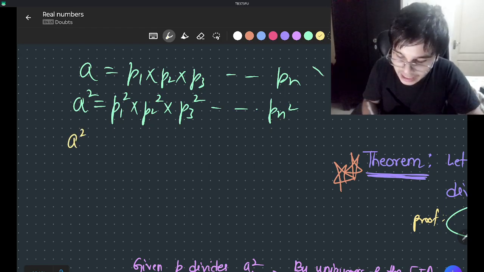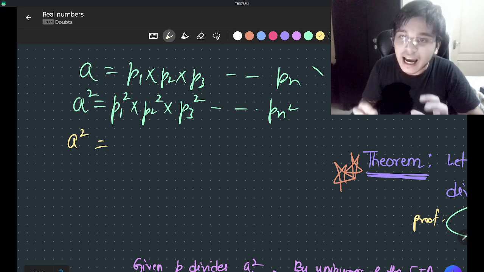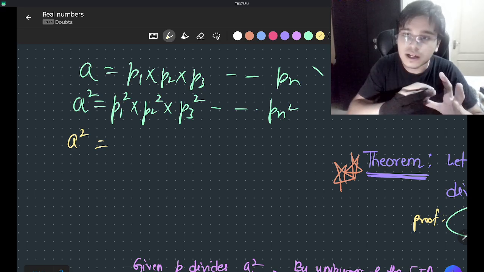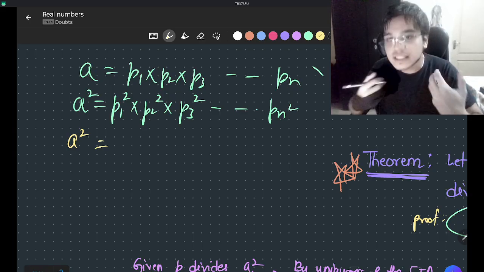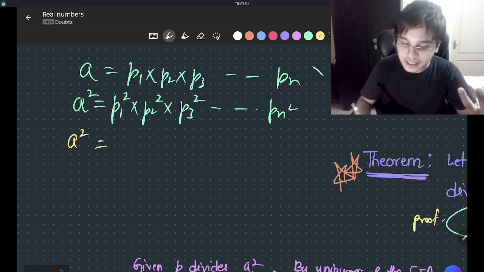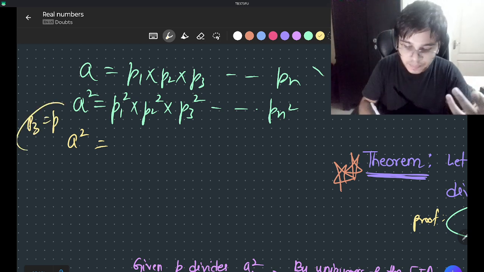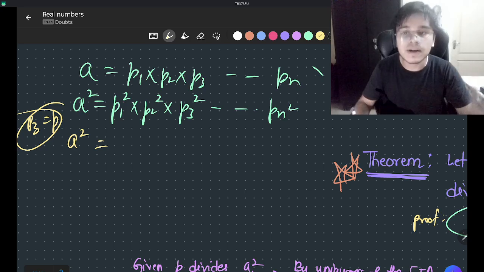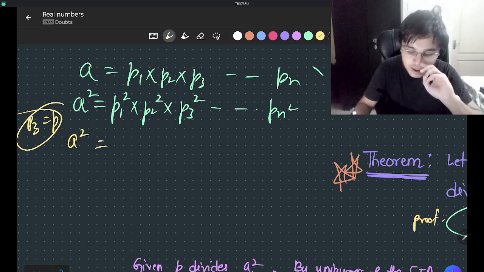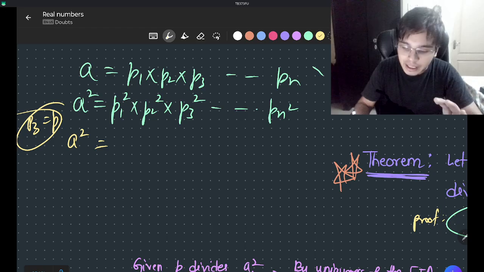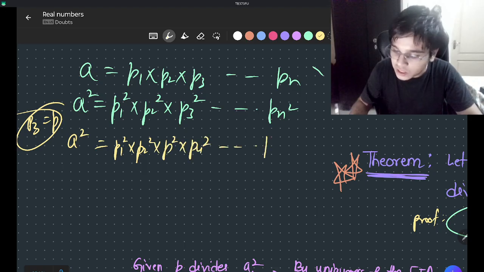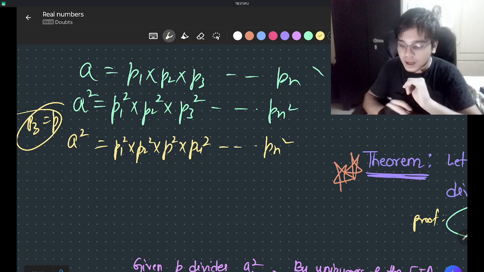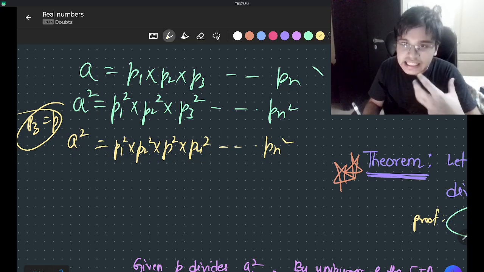So I can write a square as the product of the respective pi and p. Assume p3 is equal to p. The third prime factor is our p. So a square can be written as p1 square into p2 square into p square into p4 square, so on till pn square. Now let's rearrange the terms.